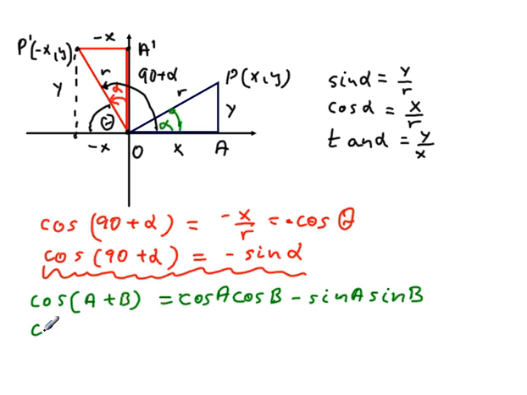Replace that with 90 plus alpha, and you'll see that you have cos 90 cos alpha minus sine 90 sine alpha.